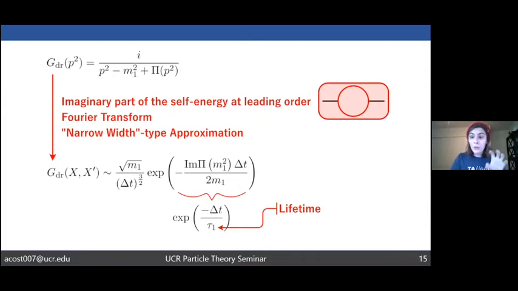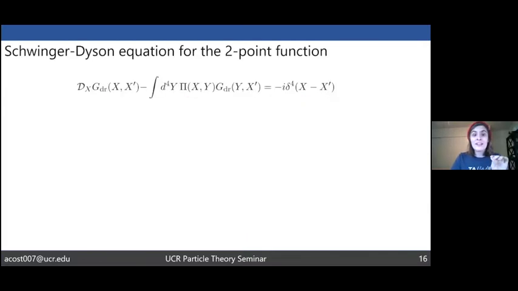So another way to get the same position space dressed propagator is to solve this differential equation, the Schwinger-Dyson equation for the two-point function. I'm not going to go into too much detail showing how this works, but to prove the equivalence, first of all, this D operator in front is the equation of motion operator in flat space for a scalar field theory.